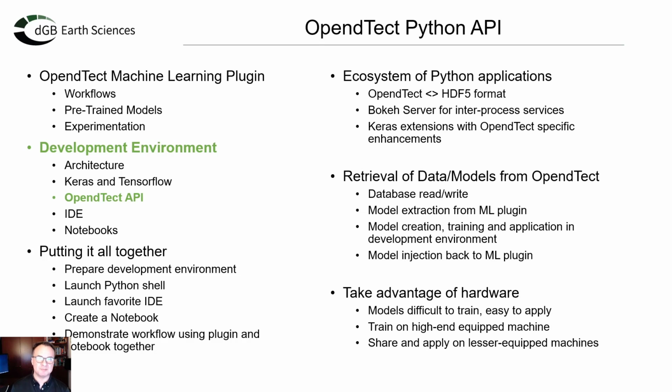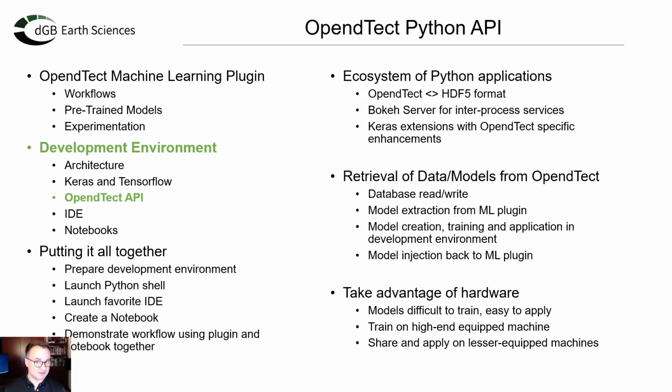So the Python API is really an ecosystem of Python applications. And so it provides an interface between OpenDetect and the HDF5 format. That's a format we use. It's a high performance format for storing data.